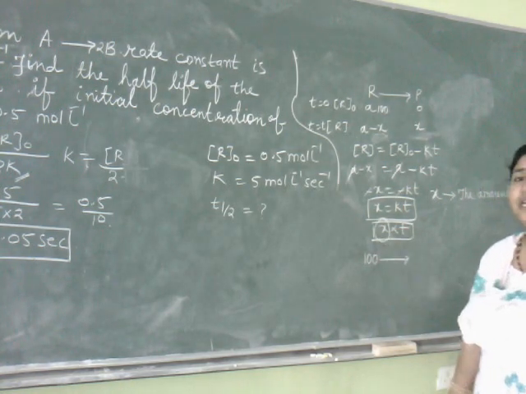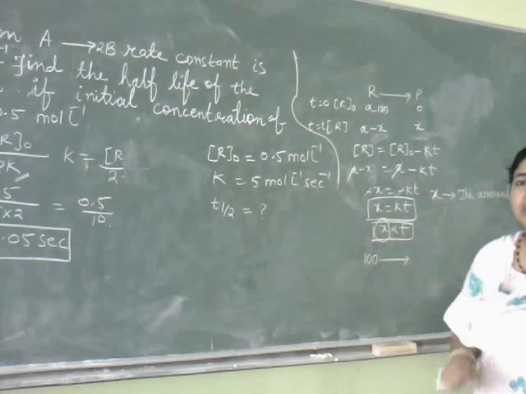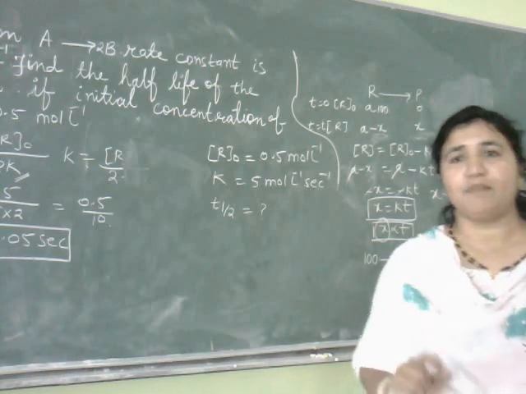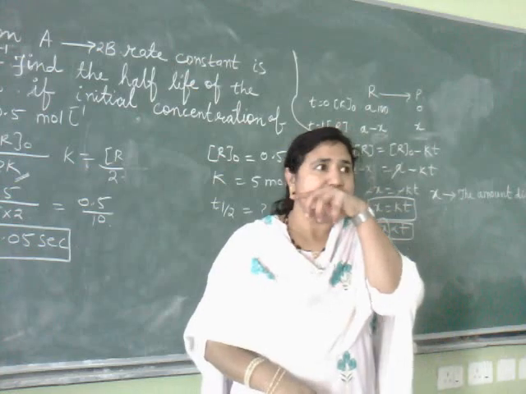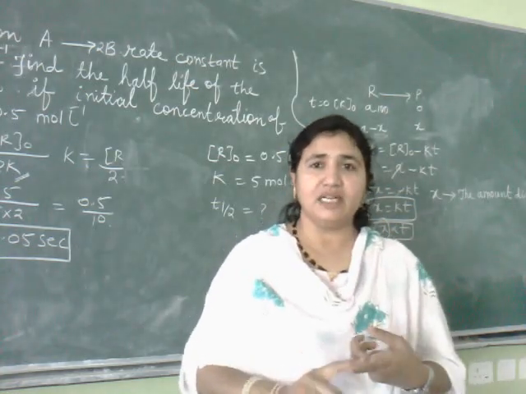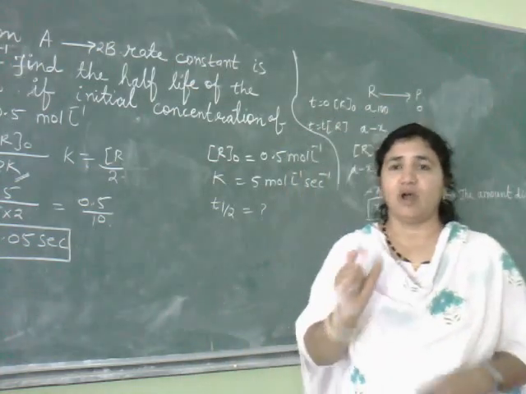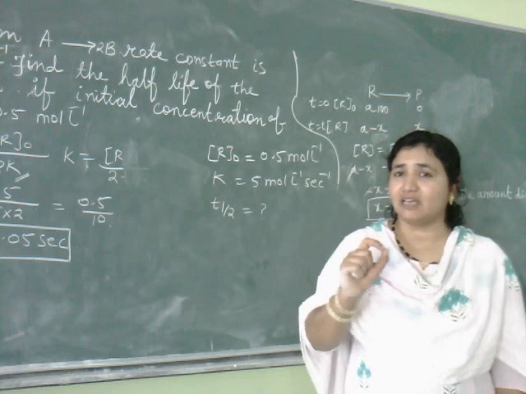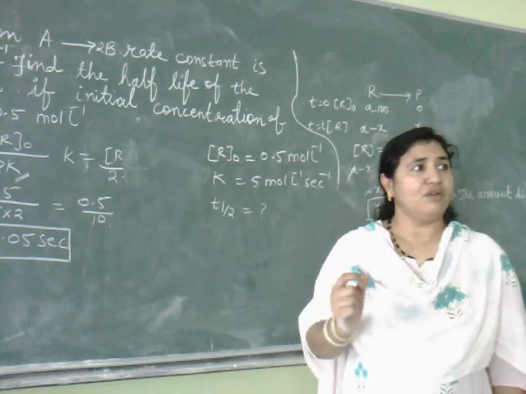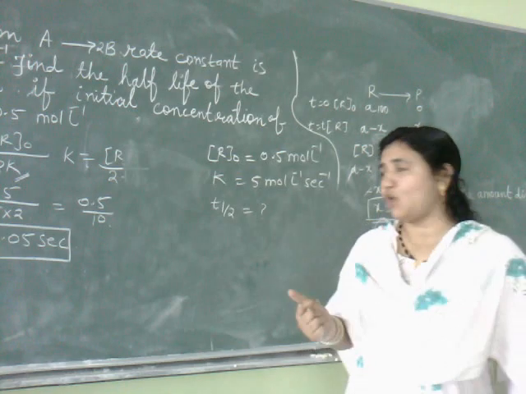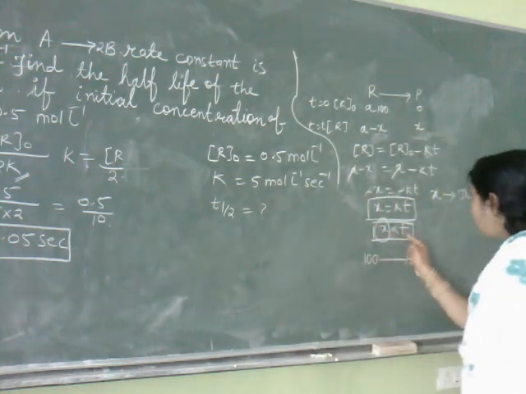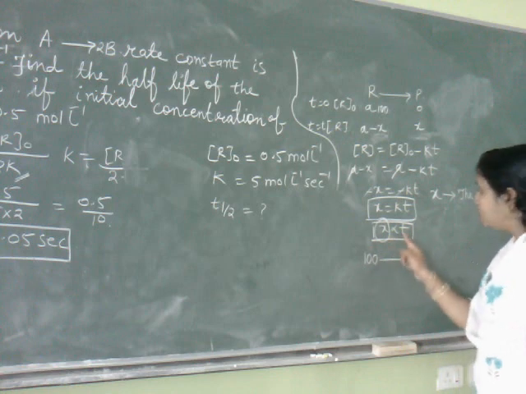What is x here? x is the amount of reactant dropped, or reduced, the amount of reactant that has converted into product. This is proportional to time.